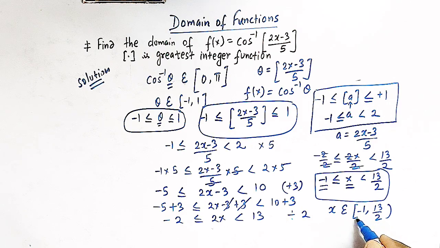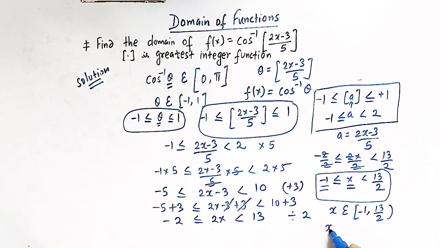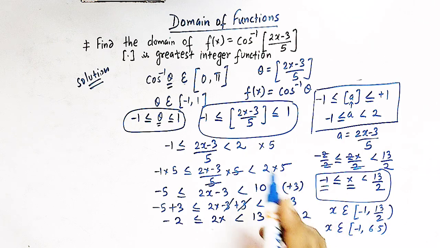So this is closed from this end and open from this end. So this interval can also be written as -1 to 6.5. So all the values of x which lie in this interval give us our domain.